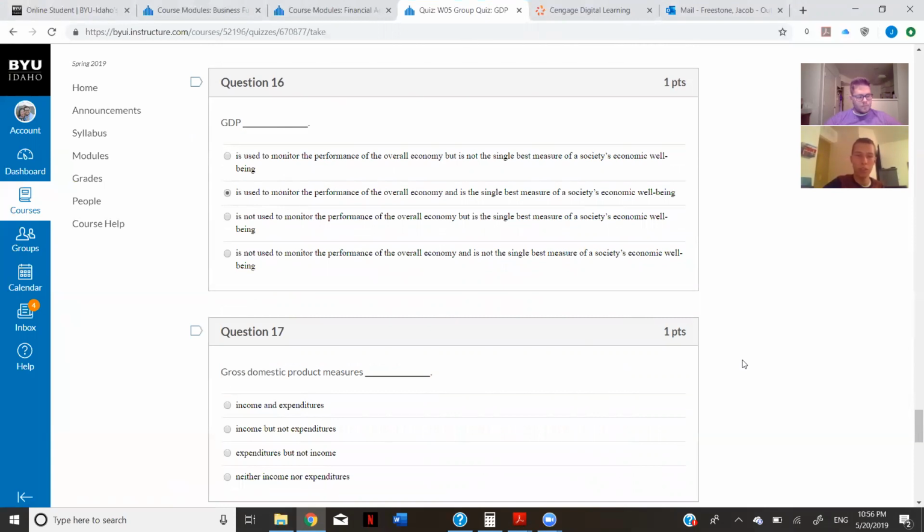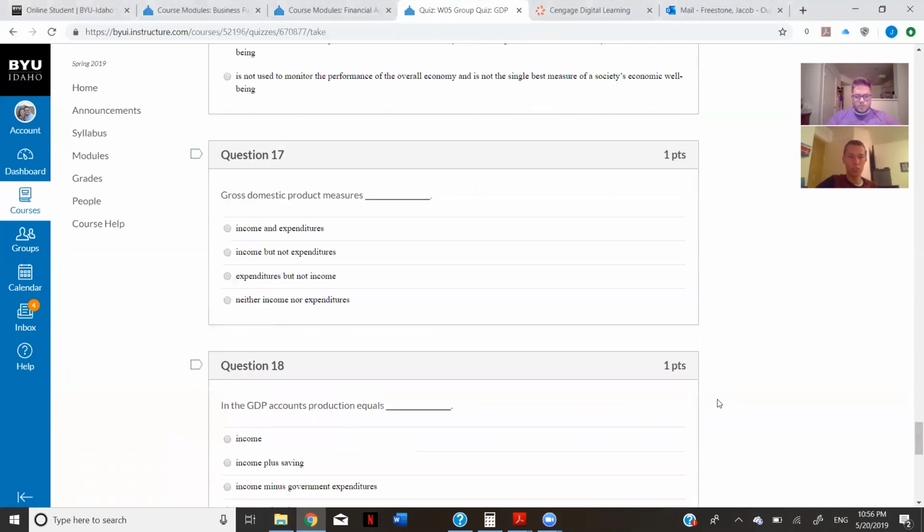What's the answer? B is used to monitor the performance of the overall economy and is the single best way to measure a society's economic well-being. And it's B? Yeah. Okay, then number 17, gross domestic product measures blank, and it's income and expenditures. Yes.